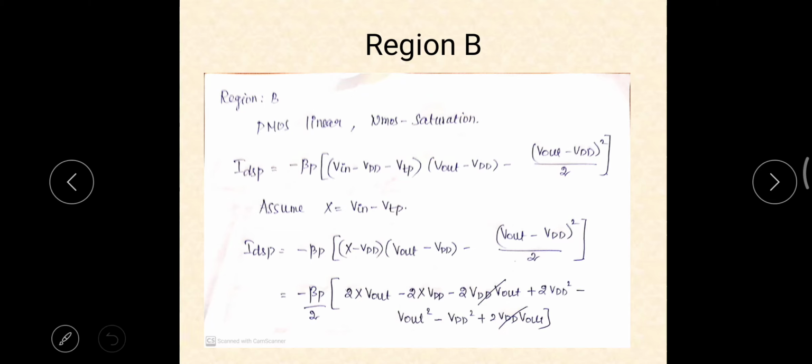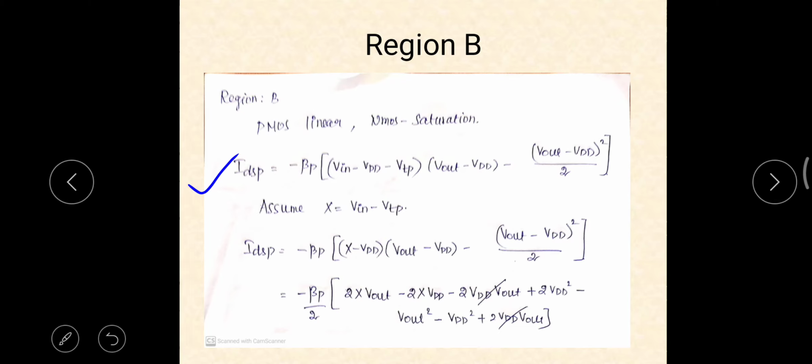Since PMOS is operating in the linear region, let us consider the PMOS IDS expression for the linear region. Your IDSP for linear is minus beta P into (Vin minus VDD minus VTP) into (Vout minus VDD) minus (Vout minus VDD) the whole square by 2. This I have taken from the previous slide, where I gave the expressions for linear, saturation as well as cutoff.